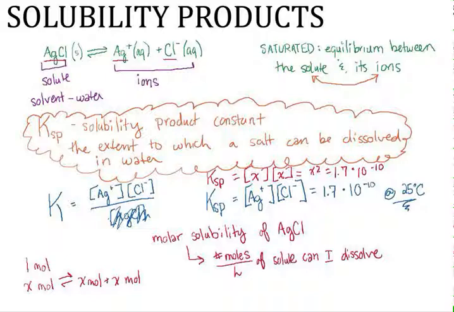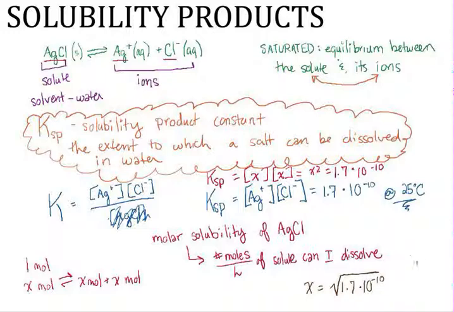I'm going to do this in brown. Nice brown color. So that's essentially just going to be x is the square root of 1.7 times 10 to the negative 10, right?